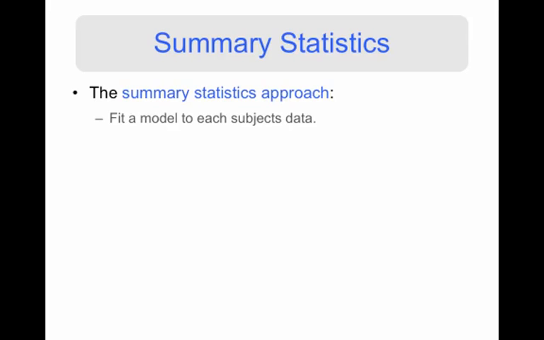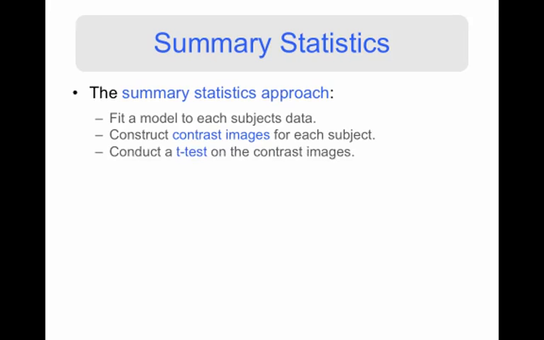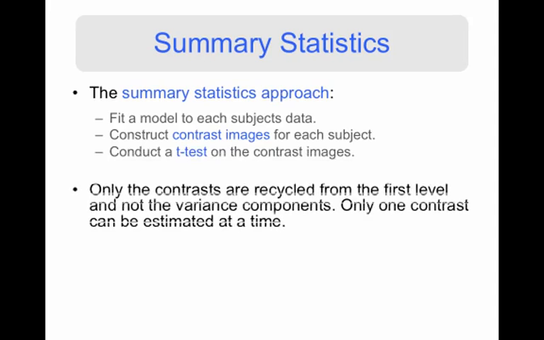To summarize the summary statistics approach, we first fit a model to each subject's data, and we might construct contrast images for each subject. But let's just say, for the sake of argument, that the contrast is just the beta corresponding to the visual stimuli in our example. What we do then is conduct a t-test on the contrast images.